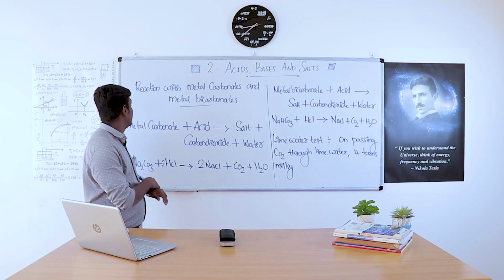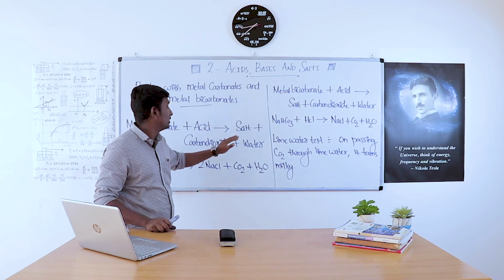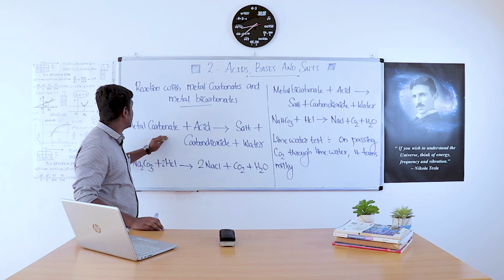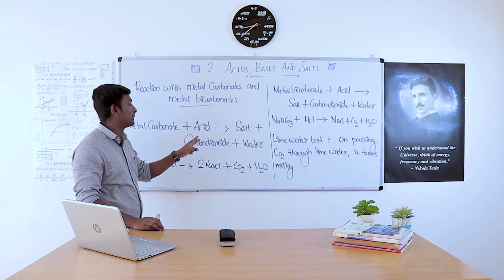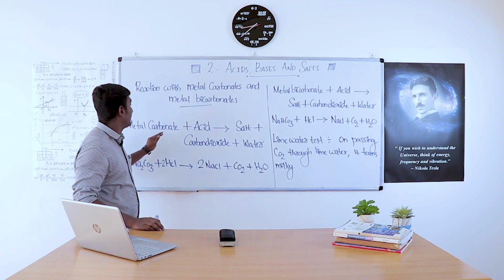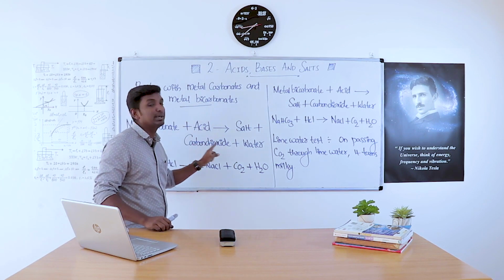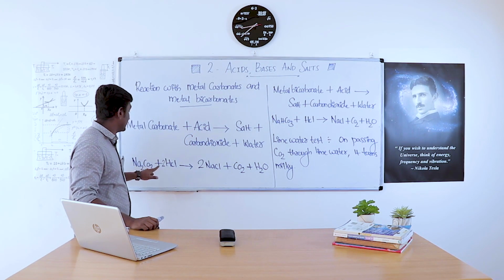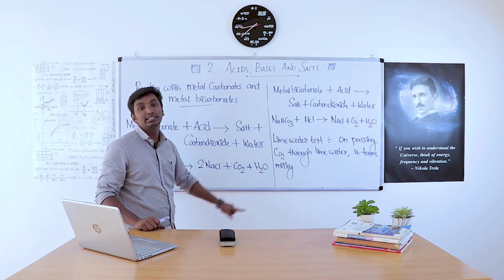We can write: metal carbonate plus acid gives salt plus carbon dioxide plus water. For example, Na2CO3 plus 2HCl gives 2NaCl plus CO2 plus H2O.